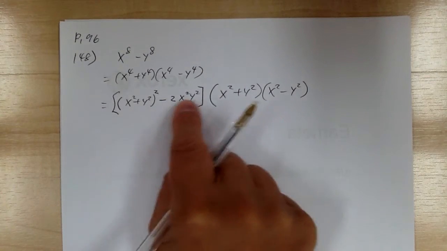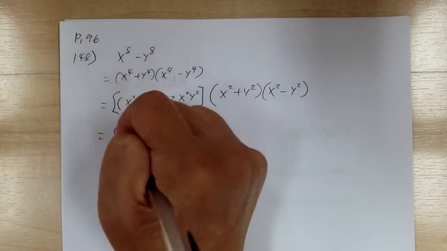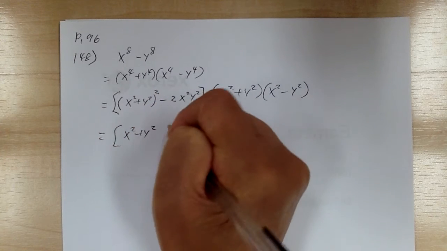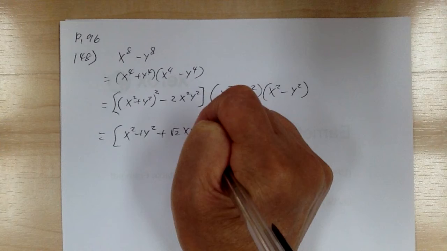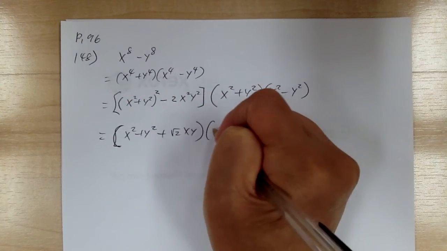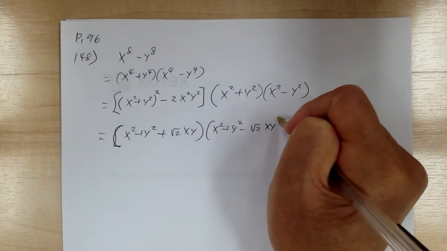Now this has become a difference of squares. So you're going to get x squared plus y squared plus square root of 2 times xy, and x squared plus y squared minus square root of 2 times xy.